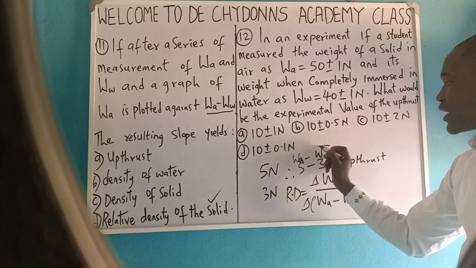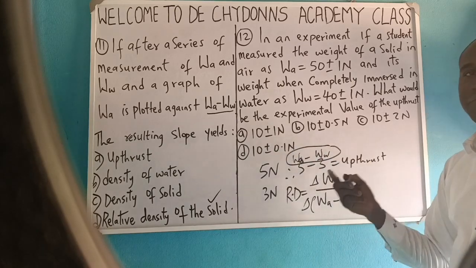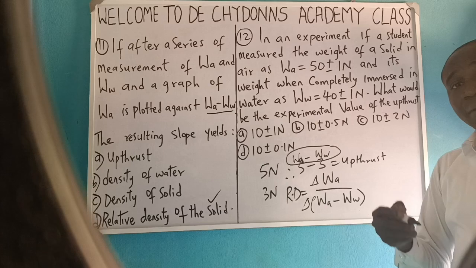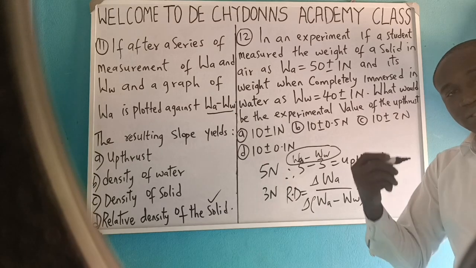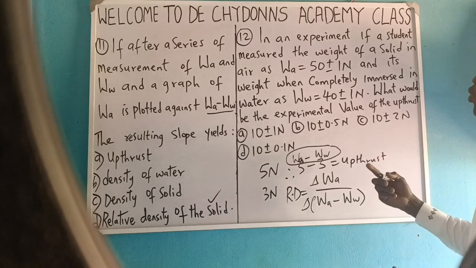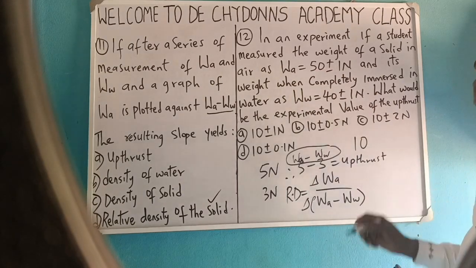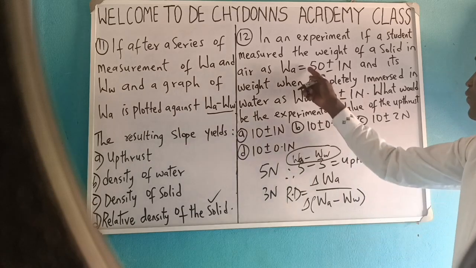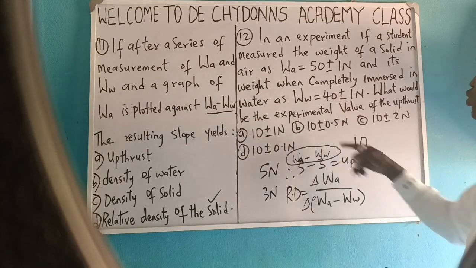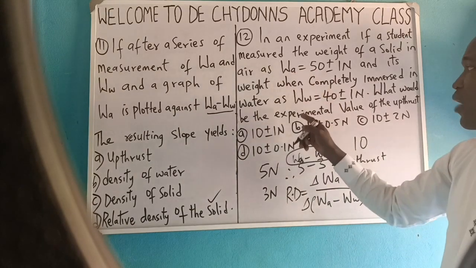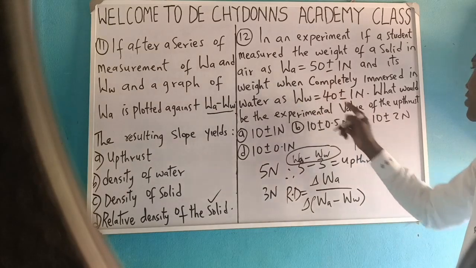That means we are talking about how to get error in difference. So what we need to do is get 50 minus 40, automatically 10. It's very simple. To get upthrust, you need to subtract weight in water from weight in air. So 50 minus 40 is 10.